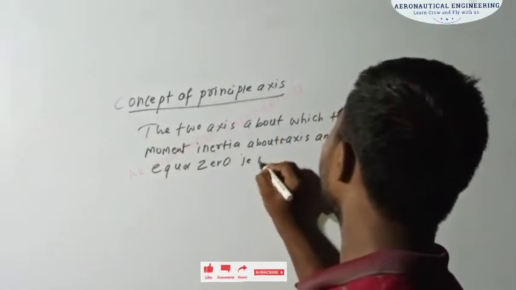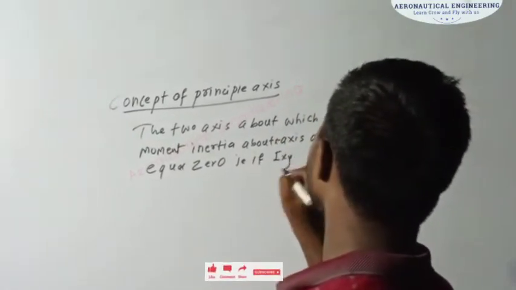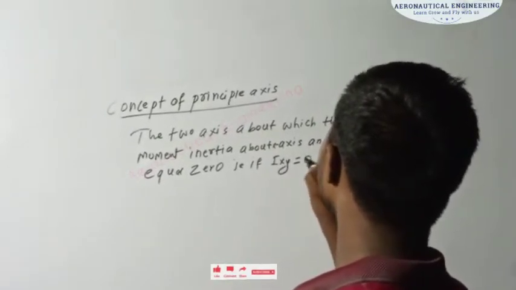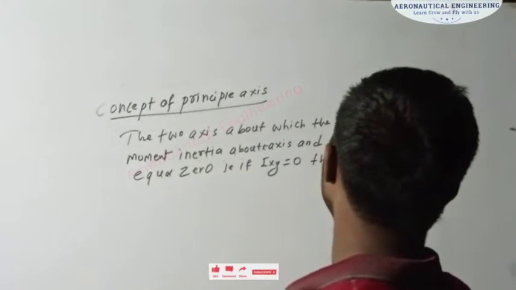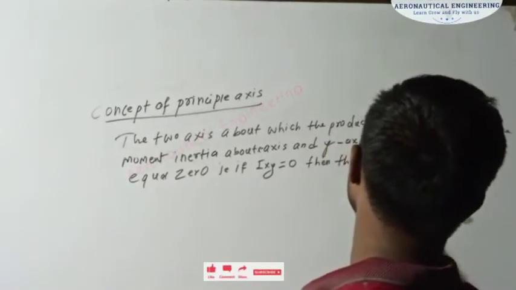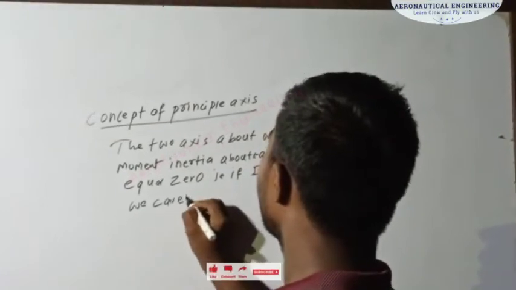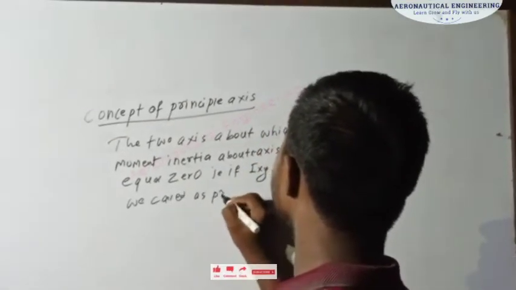That is, if Ixy, the product of moment of inertia about the x-axis and y-axis, is equal to 0, then that axis we call the principal axis.